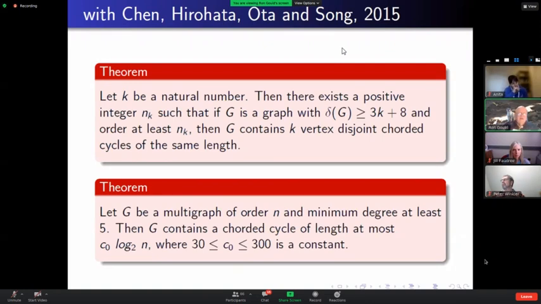This is similar to a result of Verstraete about just cycles. And another thing that we were able to show was if I took a multigraph of order n with minimum degree at least 5, then G is going to contain a chorded cycle of length at most a constant times log base 2 of n, where this constant sits somewhere between 30 and 300.